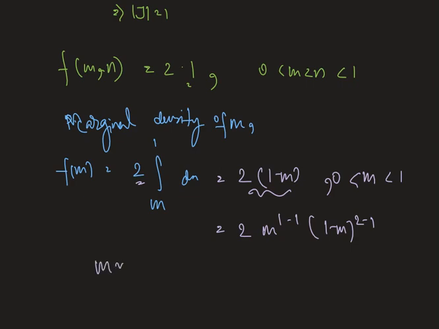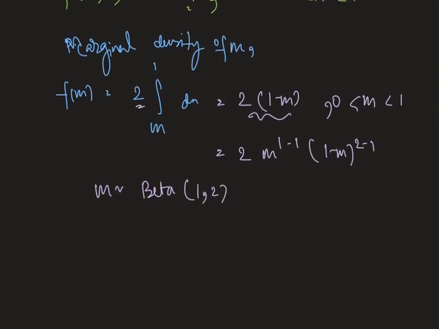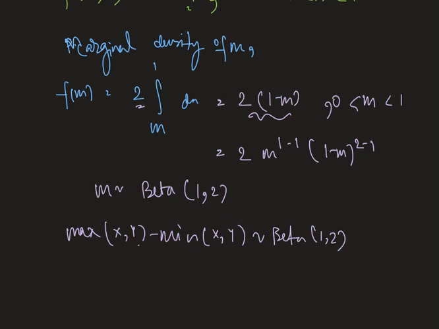Therefore m follows beta 1 comma 2. So maximum of xy minus minimum of xy follows beta 1 comma 2.